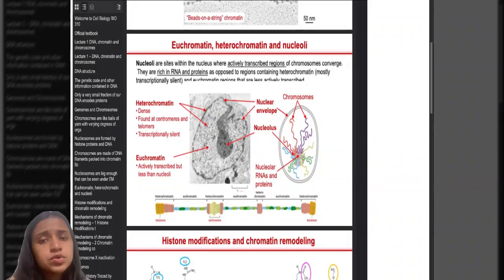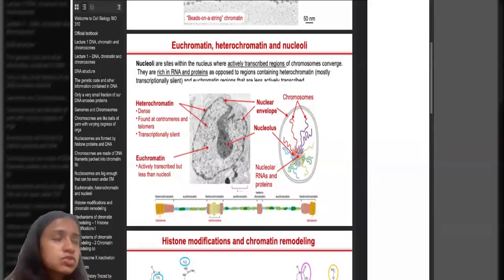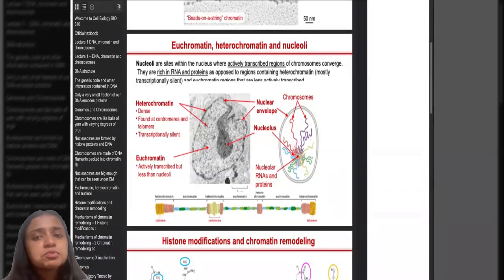Euchromatin, heterochromatin, and nucleoli. Now this is important. Nucleoli is the site within the nucleus where actively transcribed regions of the chromosomes converge.